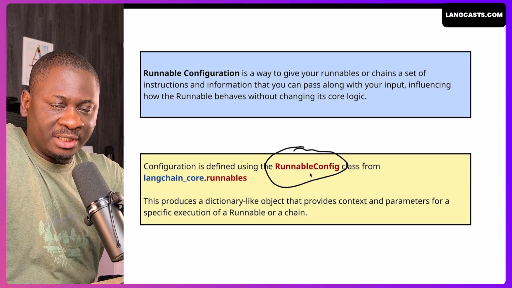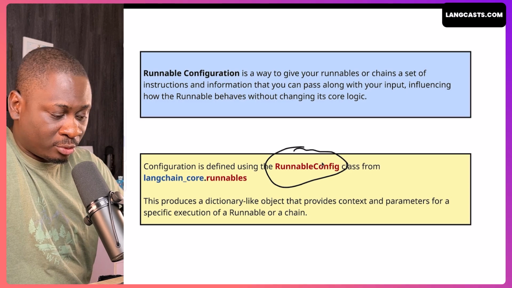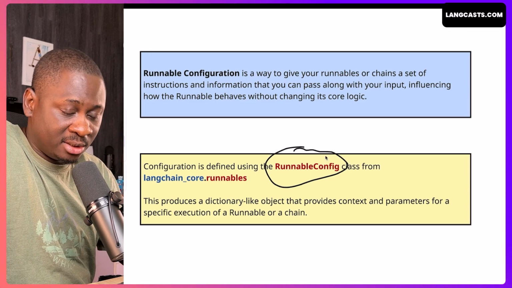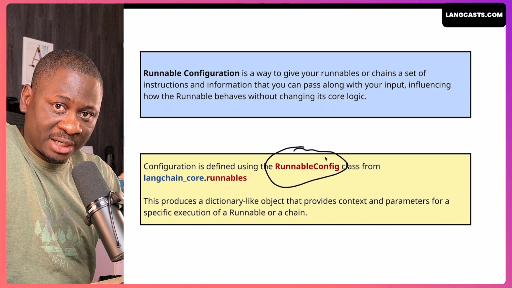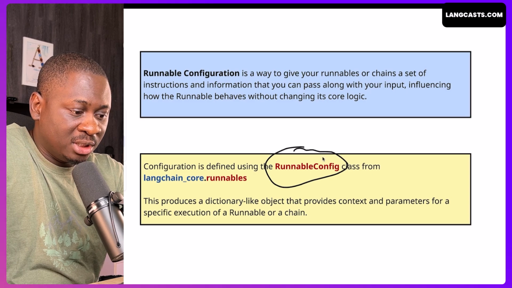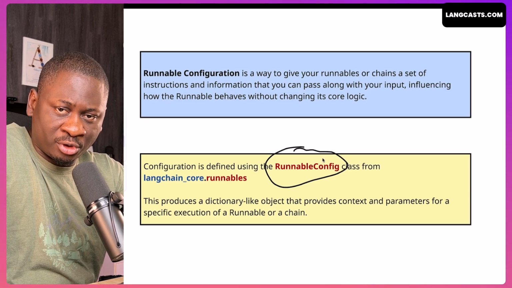So at the end of the day, you get a dictionary of configuration. That's from RunnableConfig, where you pass all the arguments that RunnableConfig can take. It will simply give you back a dictionary of setup instructions for your runnable, and you can pass it to your runnable in different ways that we're going to be seeing later. So that is how runnable configuration works.